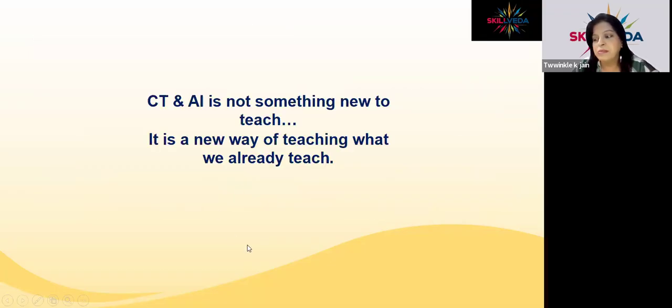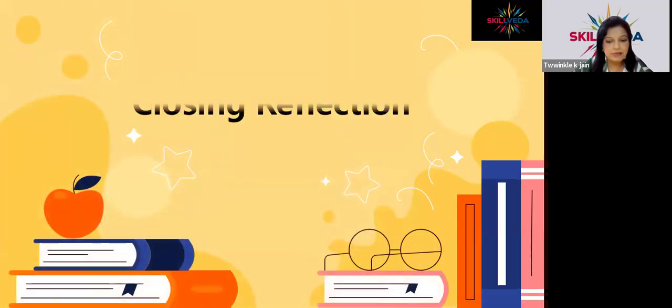CT and AI is not something new to teach. We are already doing it. It is a new way of teaching what we have already taught. So we have to modify and teach in a structured thinking manner. This is about computational thinking and AI.